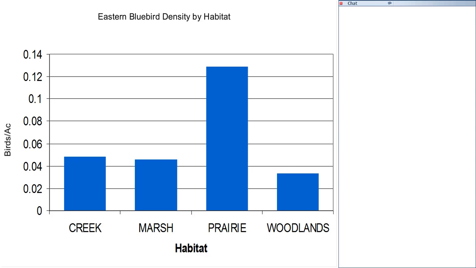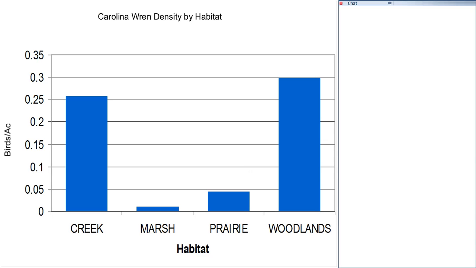That didn't mean they didn't use the woodlands or the creek habitat or riparian habitat or marsh area that they had, but they mainly used the prairie habitat. And then we look at another species, the Carolina wren, and it's kind of reversed. It was more common in creek and woodland habitats and not so much in the prairie or marsh. So different birds are utilizing different habitat types, and we need to recognize that when we're managing for these species.